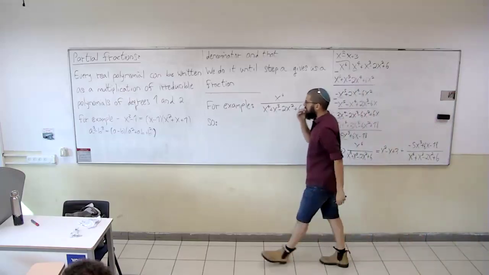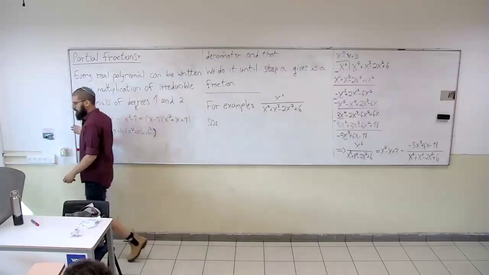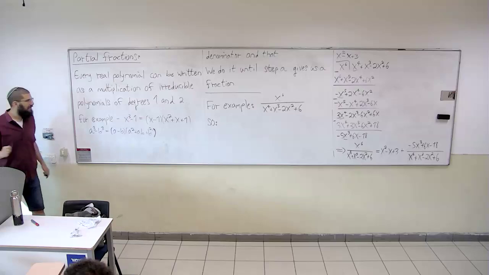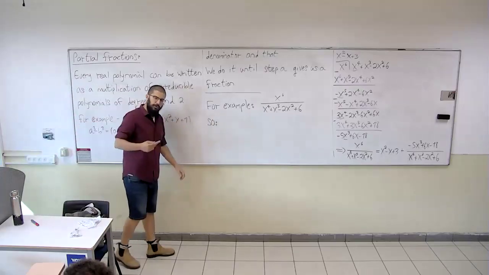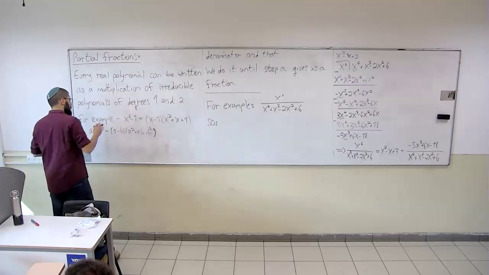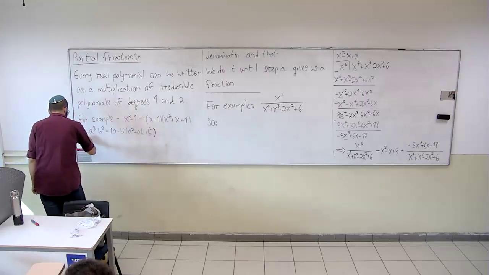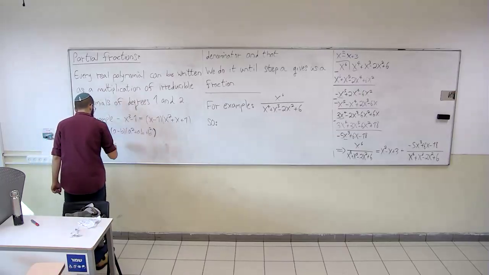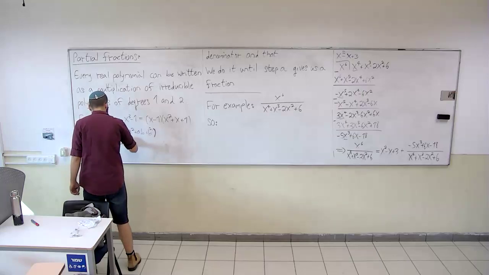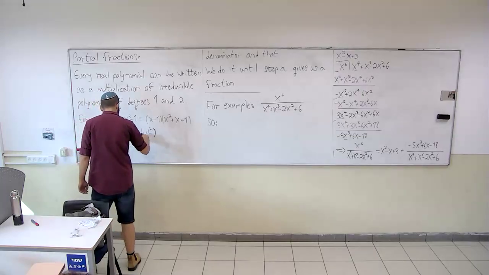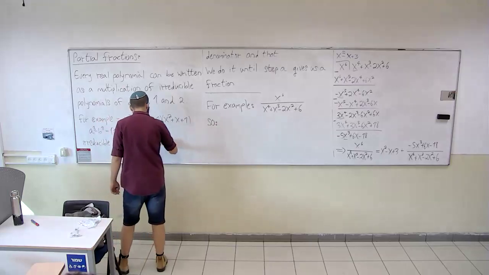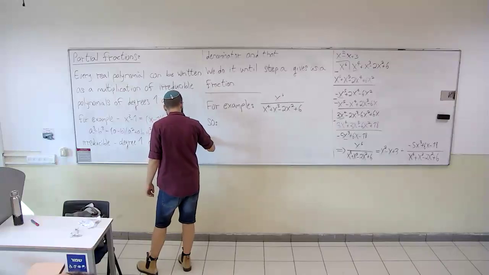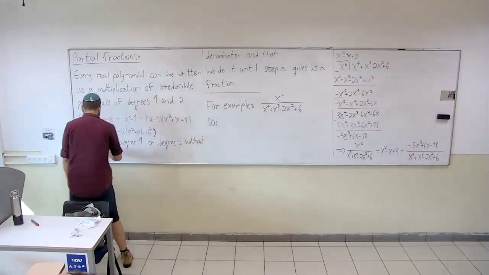What irreducible actually means is a polynomial of degree 1, which you cannot, of course, write down as a multiplication of others, and a polynomial of degree 2 without real roots. Irreducible means degree 1 or degree 2 without roots.